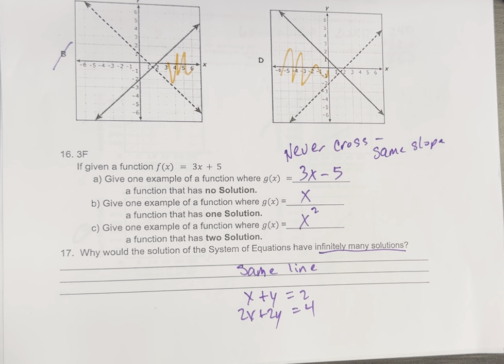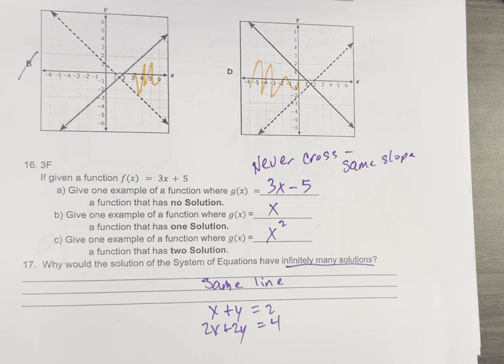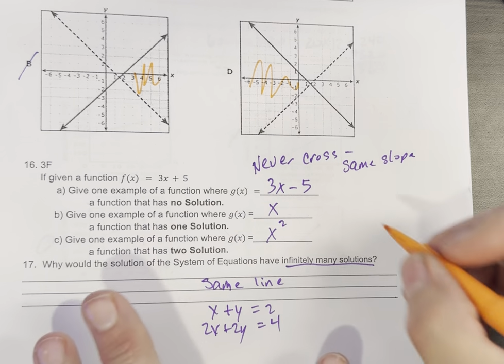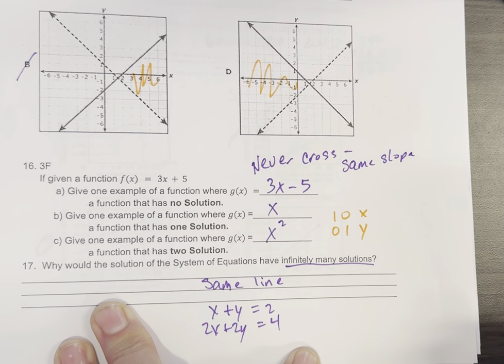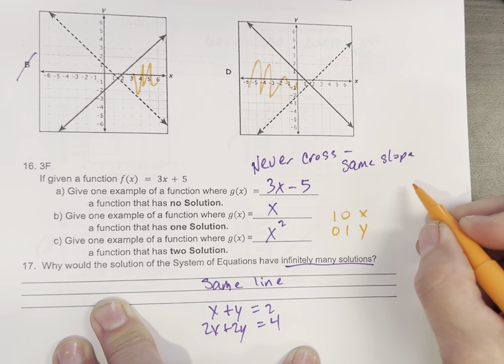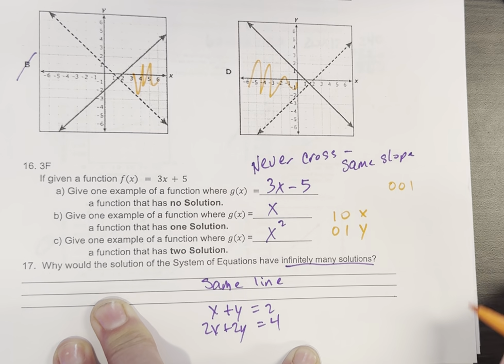And then to add to it real quick, your matrix, the special matrix. So if you have a solution, it should say 1, 0, and 0, 1. And this will be your x solution, and this is your y solution. To have no solution, you will end up with one of them being 0, 0, 1.